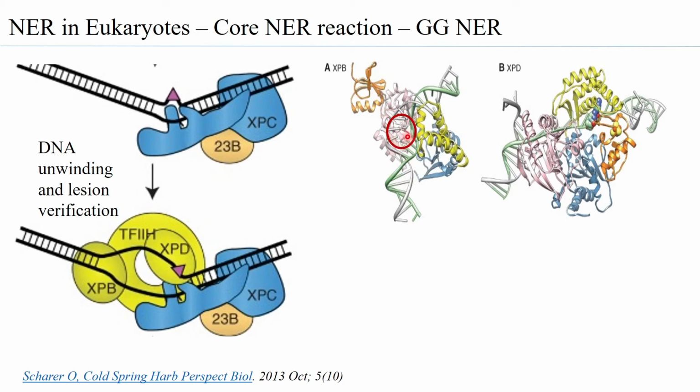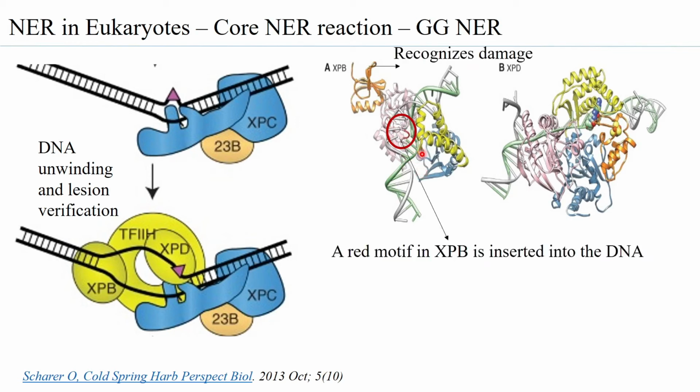So this motif that is present in the XPB is actually inserted into the duplex DNA to open up the DNA. Now, what is important to notice is that it is this domain that is able to actually recognize the damage, and because it recognizes the damage, it is able to make a conformational change such that this motif is able to pry open the double-stranded DNA.